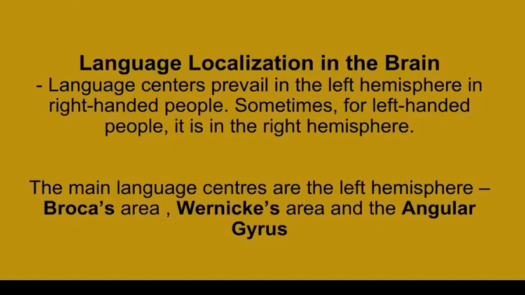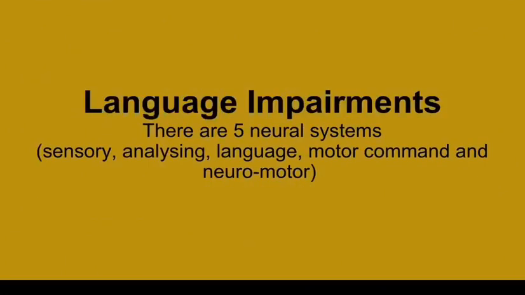Now, finally, for this teaching, we want to quickly mention a few language impairments. Now, there are five neural systems. Okay, so we have what has been categorized as sensory, analyzing systems, language systems, motor command, and finally neuromotor.